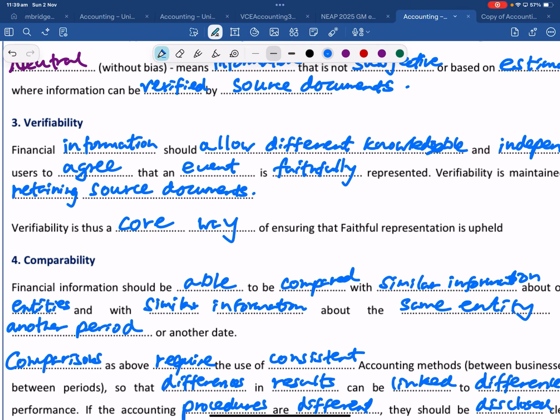Then we are going to present it. This is our plan. This is our reports. Then they have different knowledge, right? Also, there is another person, a friend of ours, or our siblings. They are knowledgeable. They know accounting. They have done accounting. So by looking at the same information, they should be able to come to the same conclusion. That's it. So the parents are looking at the report, and they don't have accounting knowledge, right?